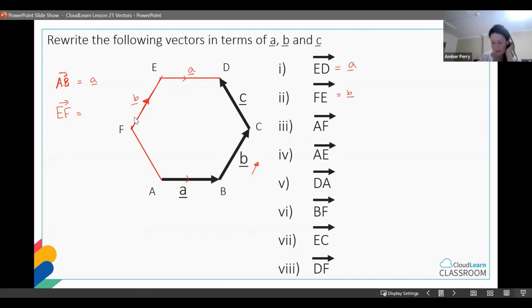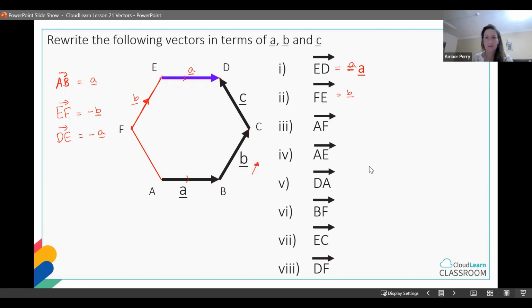So if it's parallel and going in the opposite direction, it's just minus B, okay? So EF is minus B. And similarly, if I wanted to go from D to E, the opposite way, then I could say that that was minus A, okay? So hopefully that's helped there.